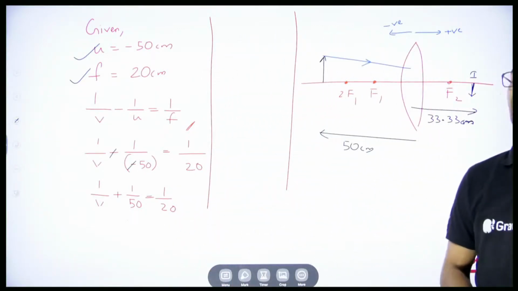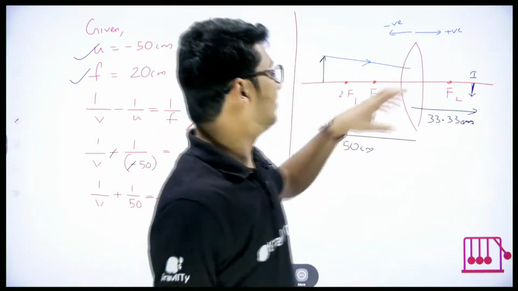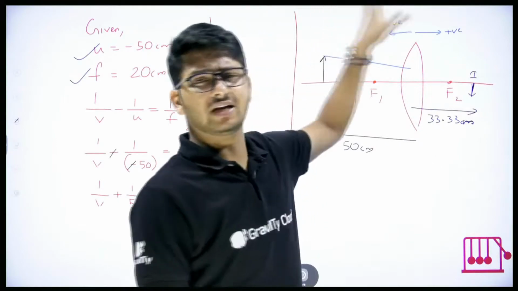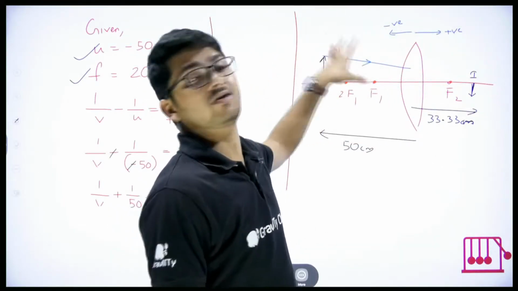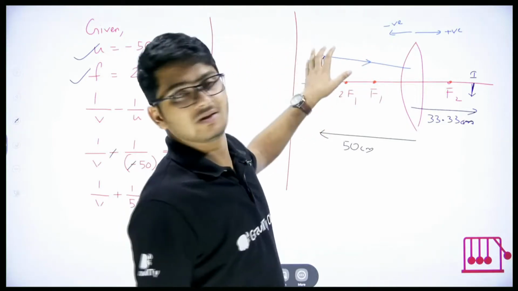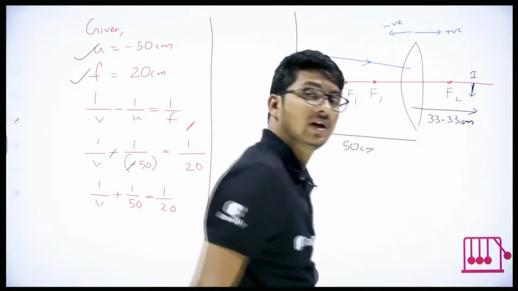Simple. So here, if I look at the image now, is the image on the same side of the object or on the other side? If the image was on the left side, we can say same side of the lens. But object is on the left side, image is on the right side, they are on opposite sides of the lens.